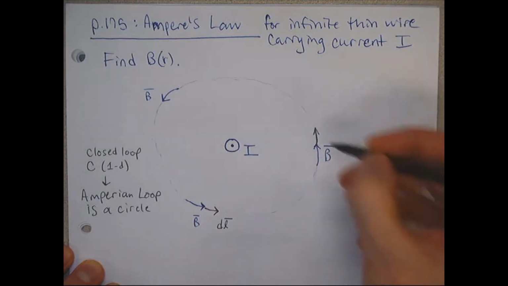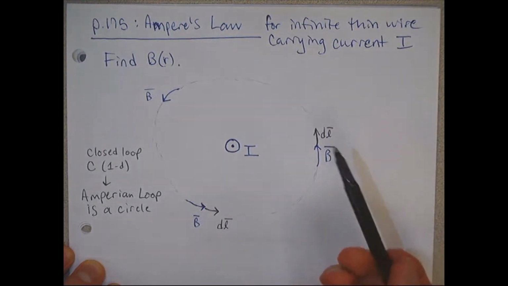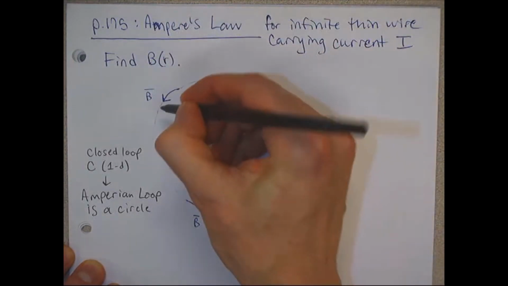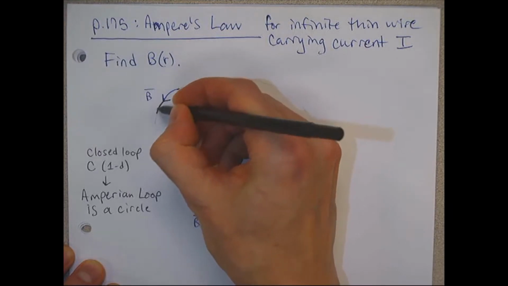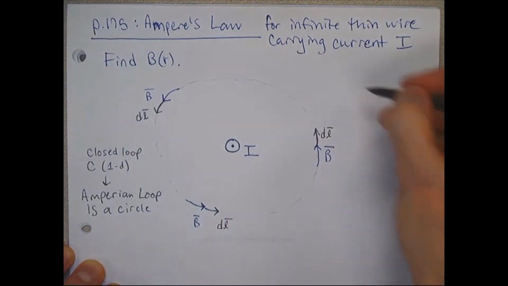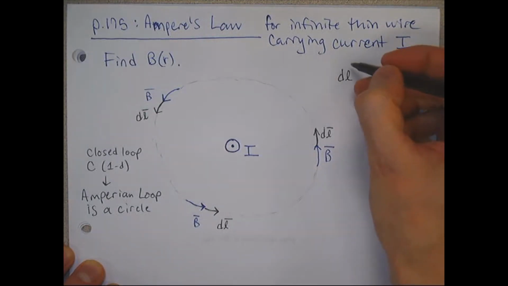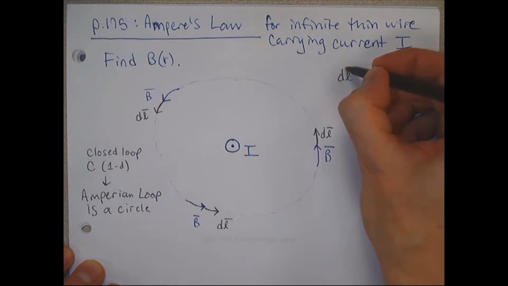How do I know if dl should be taking us around the loop counterclockwise or clockwise? It depends on how you define positive current.